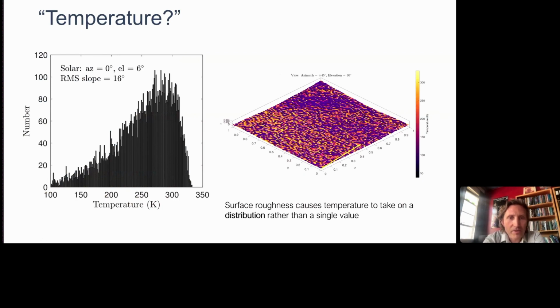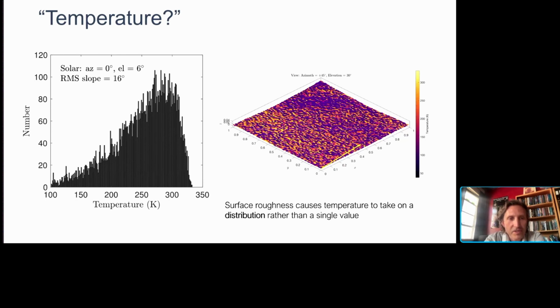So we can model what the temperatures would look like at locations such as the candidate Artemis landing sites. Here's an example. You can see what a random rough surface would look like when illuminated at a glancing sun angle on the right, and then what the temperature distribution looks like on the left.